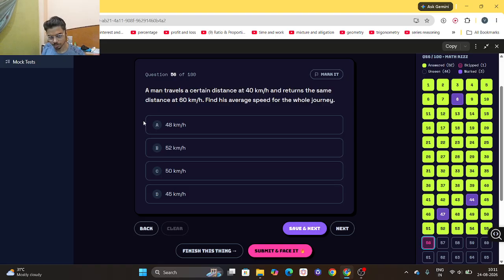We can assume the distance is 120 km, so the total distance will become 240 km. Total time: 240 upon 40, 6 hours. 240 upon 60, 4 hours.